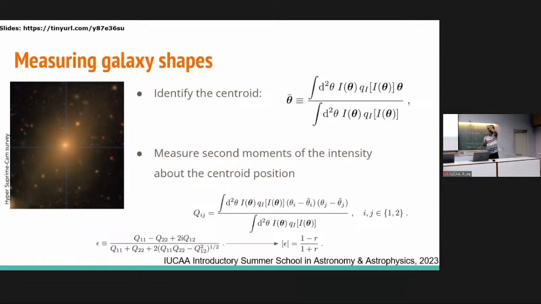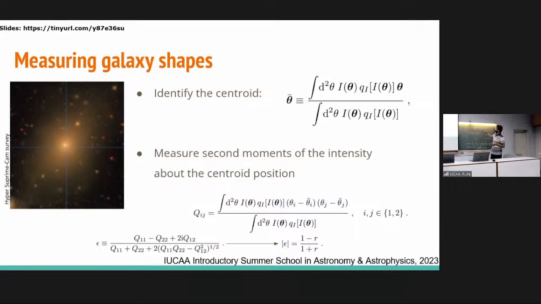The first thing to do is to find out what is the centroid of this galaxy. How do you do that? In order to identify the centroid, you take the surface brightness distribution of this galaxy, and then you calculate the first moment of this surface brightness distribution. So the first moment will tell you the location of the center of this galaxy.